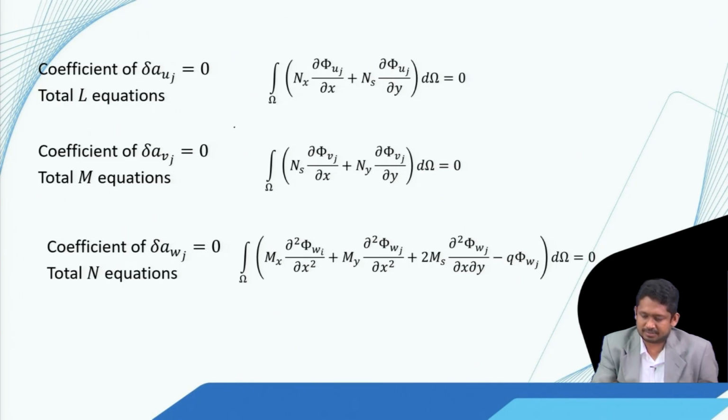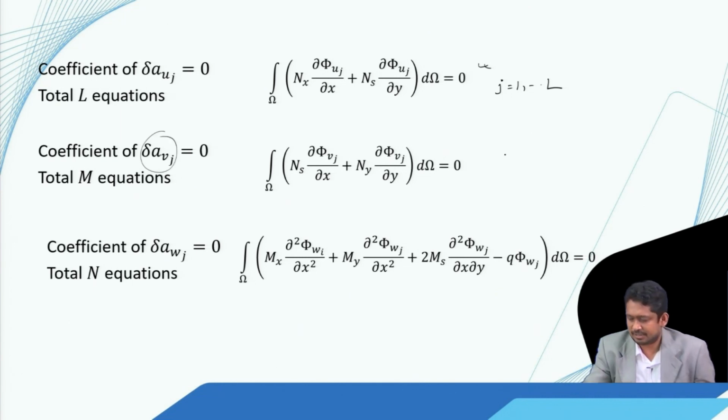So that is what we have written here. The coefficient of variation of a u j is equal to 0 and there are a total of L such quantities, so that gives me L equations, with j going from 1 to L. Similarly, the coefficient of variation of a v j is equal to 0 and there are m such quantities, so we get m equations, j equal to 1 to m.